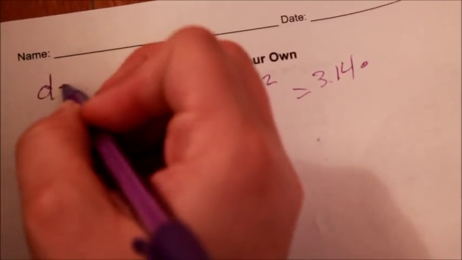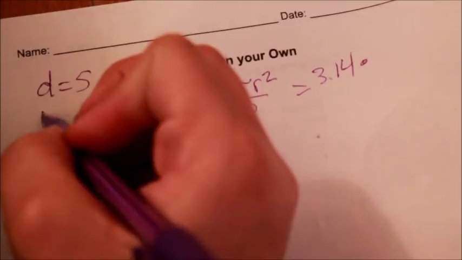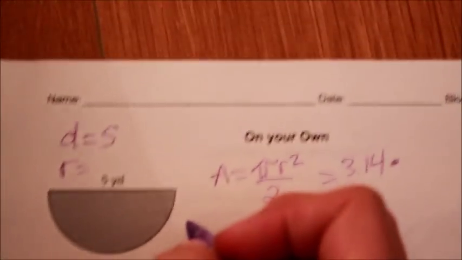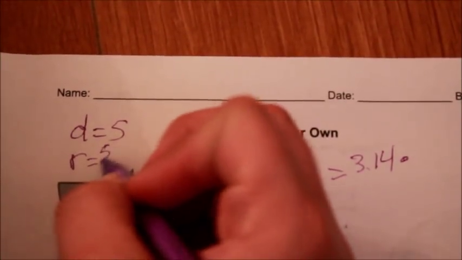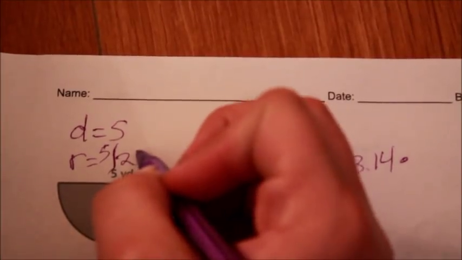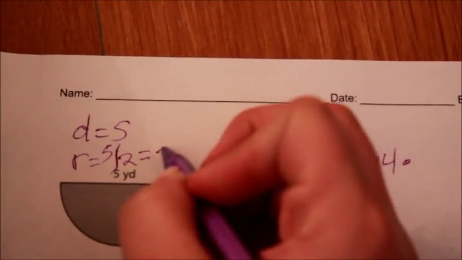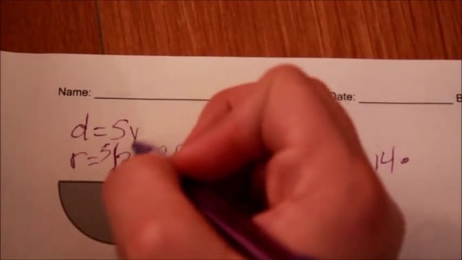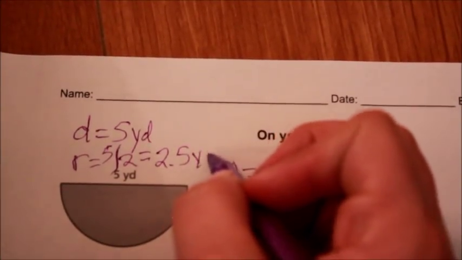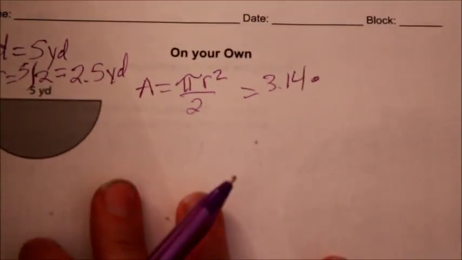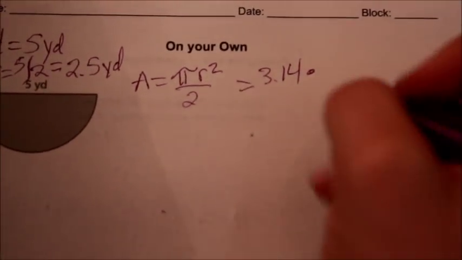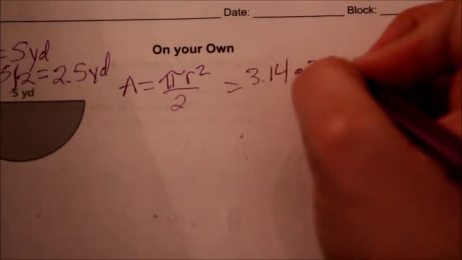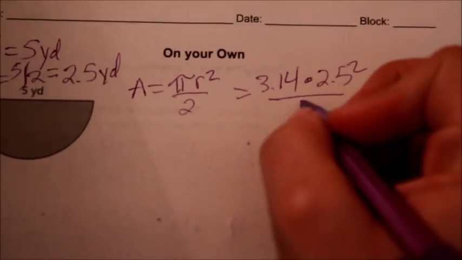We know our diameter, I'm going to write it up here, is 5. So our radius is 5 divided by 2, which equals 2.5. So you can do 3.14 times 2.5 squared divided by 2.